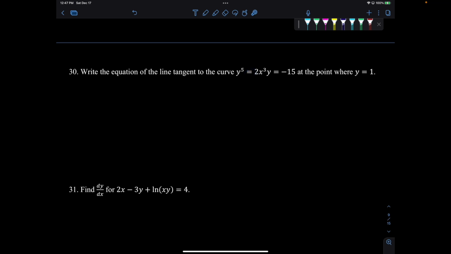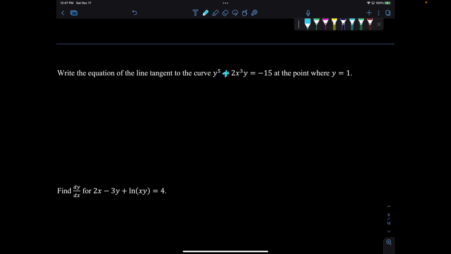It does, unfortunately. Let's assume that this one is a plus and see what happens. So if y is equal to 1, we would get 1 plus 2x cubed is negative 15. 2x cubed is negative 16, x cubed is negative 8, so x is negative 2. We're going with that.